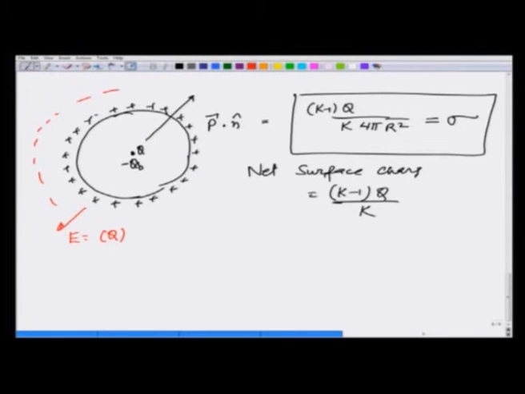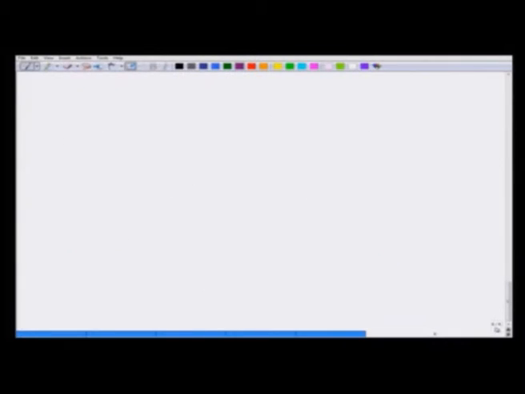Let us now see this a little more rigorously. To see this, let me make this sphere again, charge q in the middle, and I have divergence of D, the displacement, equal to rho free, and I am going to use Gauss's law for this. Since everything is spherically symmetric, there is no curl.